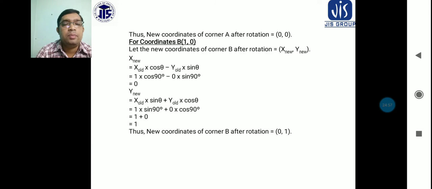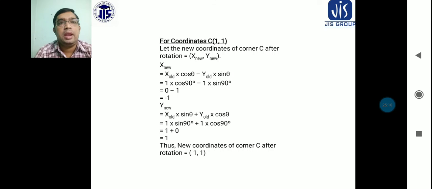The third point is the coordinates of C, (1, 1), and the same equations are used.